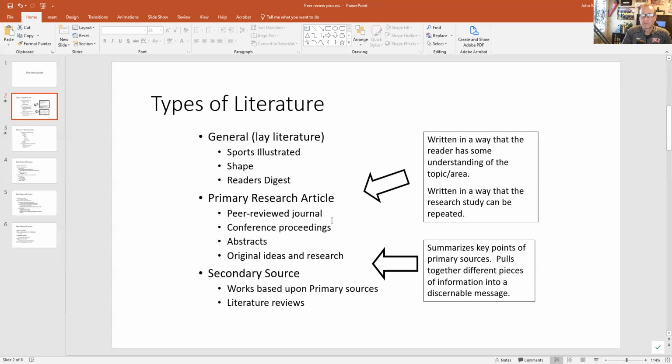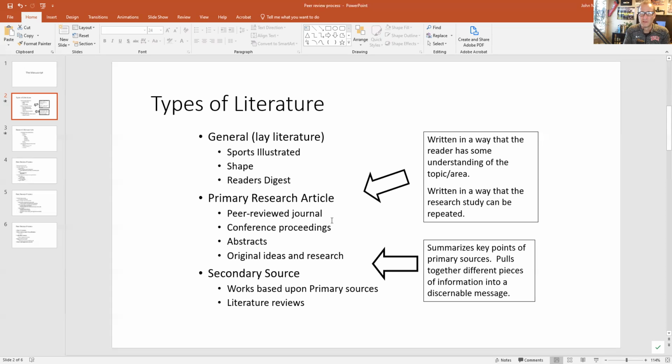And if you are doing a project on a particular topic and you come across a literature review or a secondary source review, they become very valuable because that helps sort of identify primary sources, but it also helps provide an interpretation of primary sources. Primary sources aren't written for everybody.